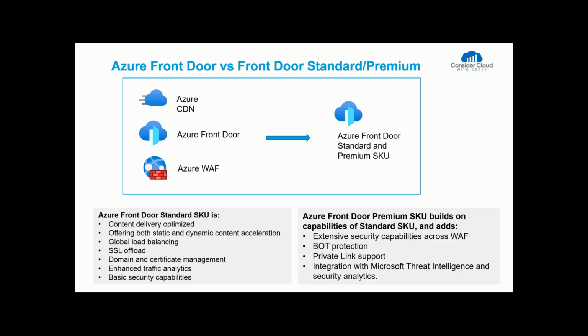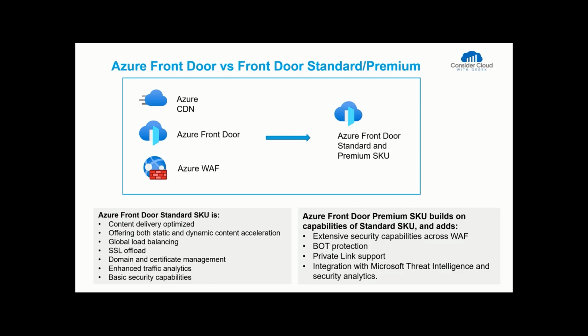It also supports private link. So as a security nut myself, I don't like exposing my services over the public internet, where, if at all possible, I like to have my front end communicate privately to my back end. While the standard SKU does not support that, right, I have to go from public to public, the premium SKU supports private links.